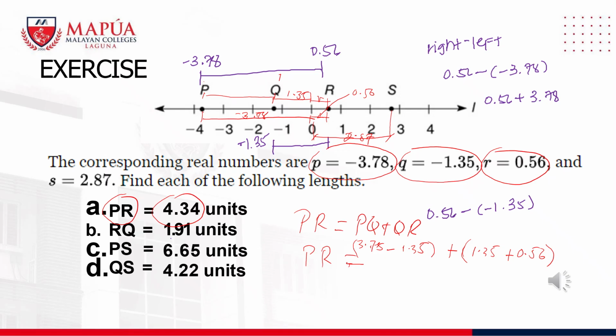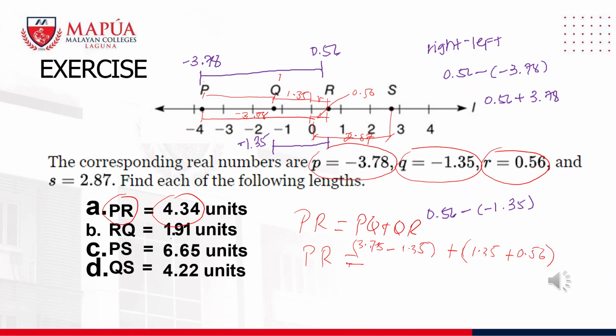Let us check. Take note, we're talking about distance, so take the absolute value of the measurement. 3.75 minus 1.35 equals 2.24, then plus the quantity 1.35 plus 0.56. Let me check, it's 4.34. Why is it 4.31?